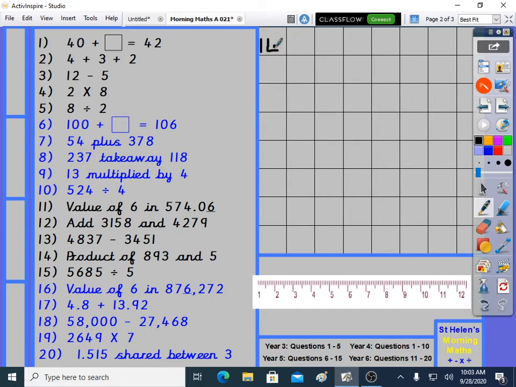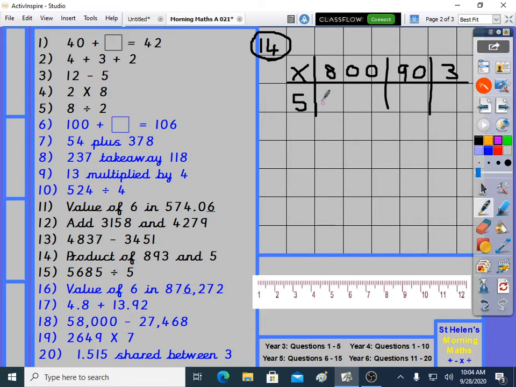Today I'll do grid method and standard method, as I often do. So for the grid method, if you remember it, 800, 90 and 3. That's 893 partitioned into 890 and 3. And what's the other number? 5 over here.